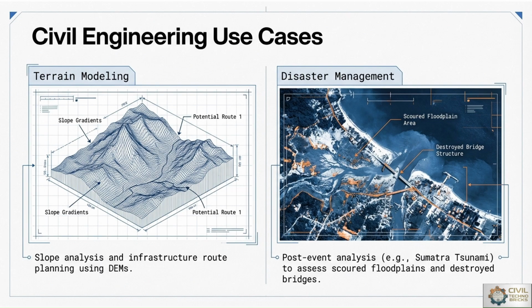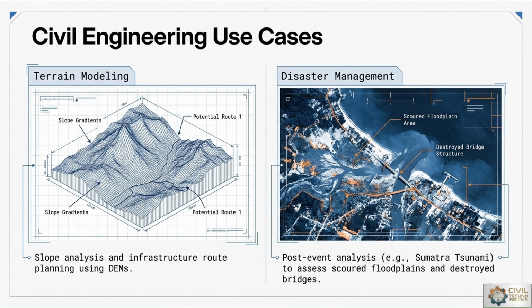At the same time, we have to mark the valley lines, meaning the potential route of water flow with reference to the gradient and slope available. The slope gradients provide the valley portions where the rainfall water will be captured, and with reference to the slope, that water may flow from location A to location B. So slope analysis and infrastructural route planning using digital elevation models, which is terrain modeling, is one use case for civil engineering.